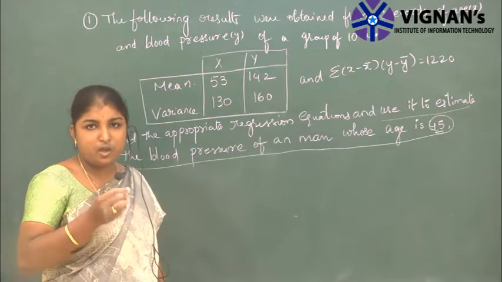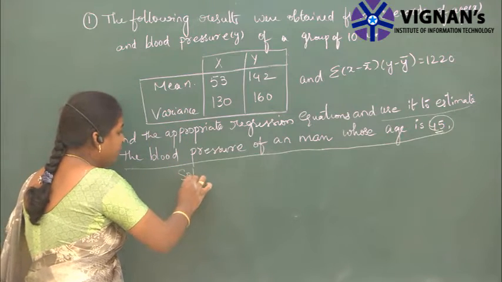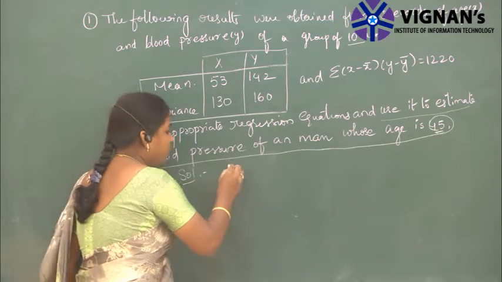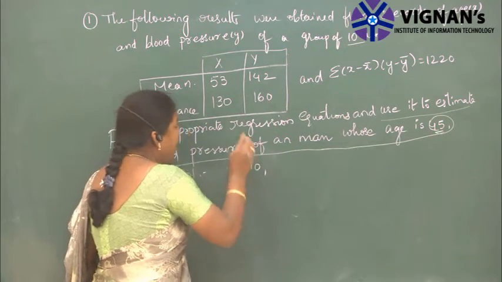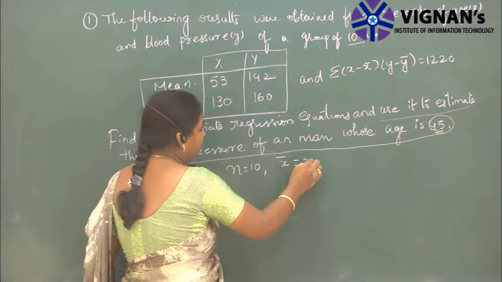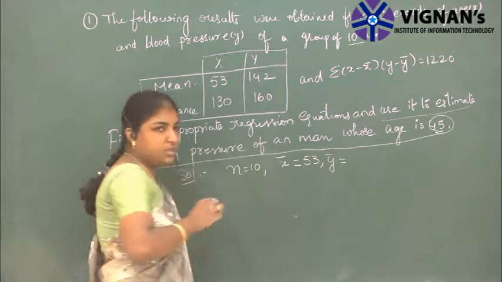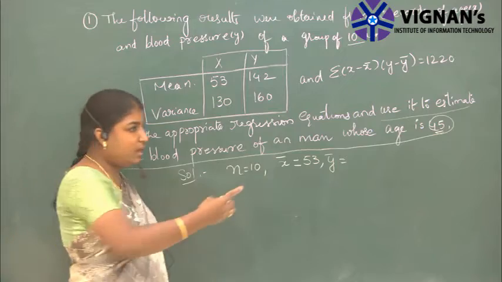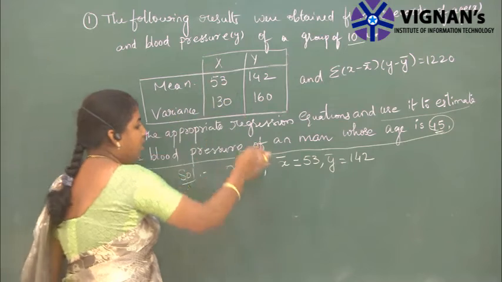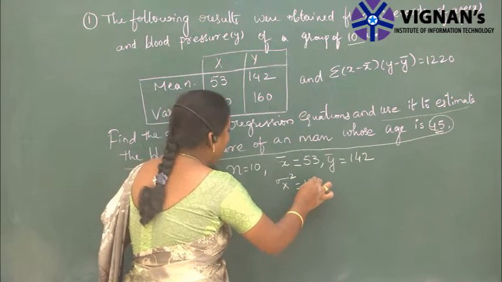So we are taking the y on x regression line, and using the given data, first of all write down the given data. The number of observations is 10, so n is 10. The mean of x, x bar, is 53, and y bar is equal to 142. The variance of x, sigma x square, is equal to 130.